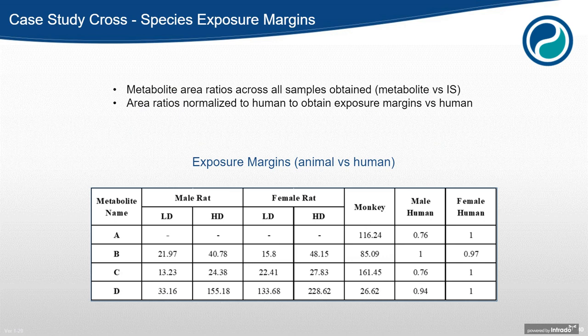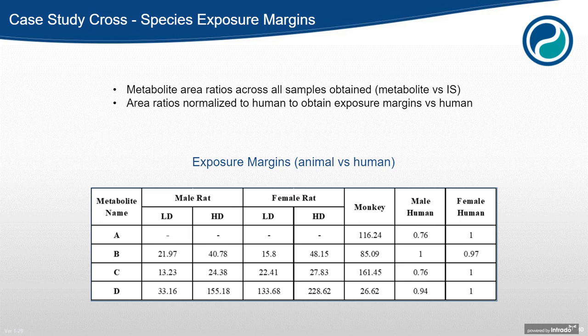What we do is we use the area ratio. That's the ratio between the metabolite of interest and the internal standard that is spiked into the AUC plasma sample when it is prepared, to generate area ratios at each of the data points. And then we normalize the area ratio for the most abundant human.